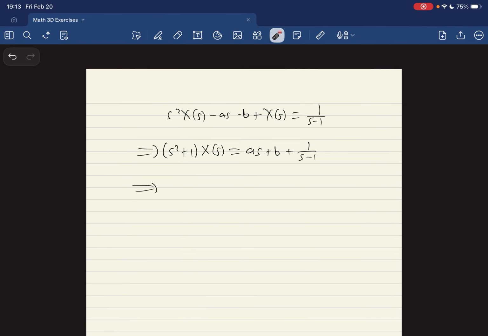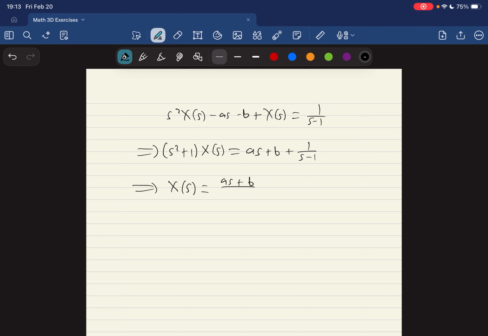And so, because this left side is never 0, at least when s is real, we can divide by s squared plus 1, and we get the Laplace transform. It's going to be as plus b all over s squared plus 1 plus 1 over s squared plus 1 times s minus 1. Very nice.